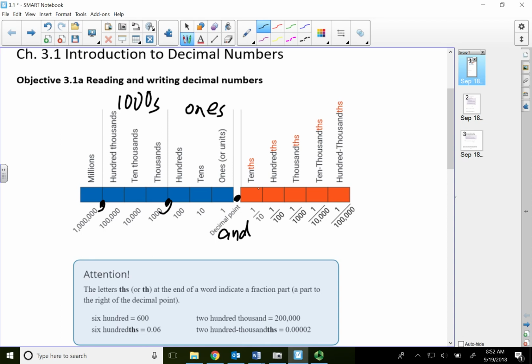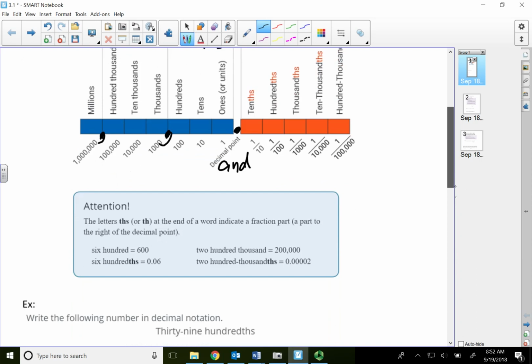So we go by the tenths, the hundredths, the thousandths, then the ten-thousandths, hundred-thousandths. After hundred-thousandths should be millionths, and so on. So it's just like the left side, except when we read behind the decimal, we add "ths," referring to the decimal places.